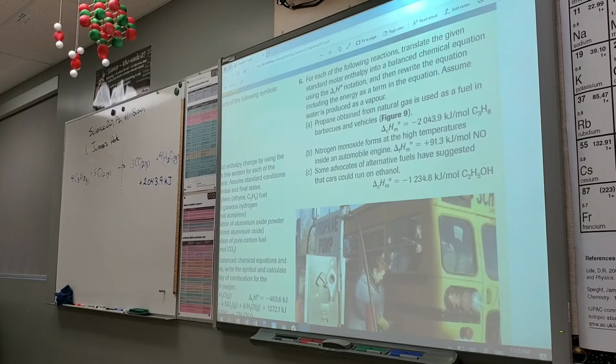Negative 483.6. Yeah. So the molar enthalpy of any reaction is kilojoules. So you want kilojoules, and how many moles are reacting in your reaction? 2.